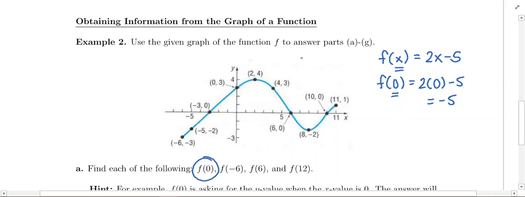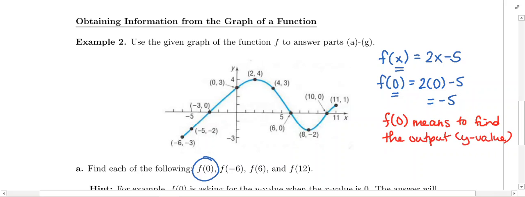Looking back on how to do this using an equation, if you see f of 0, f of 0 means to find the output, which is the y value, when x equals 0. Again, whatever is in parentheses, that's the x value you're looking at. So let's try it.